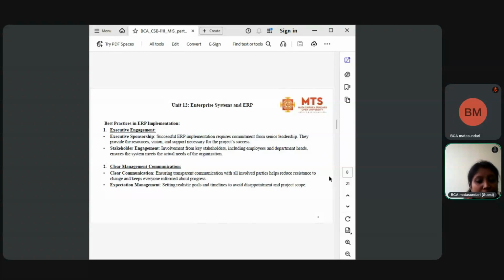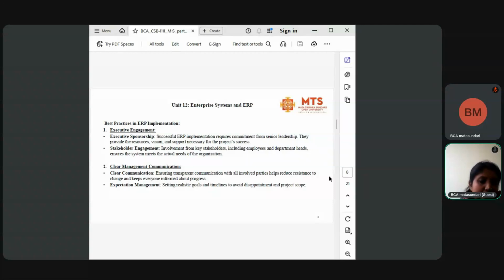In executive sponsorship, successful ERP implementation requires commitment from senior leadership, and they provide the resources, vision and support necessary for the project's success. And stakeholder engagement involves many key stakeholders, including employees and department heads, and ensures the system meets the actual needs of the organization.